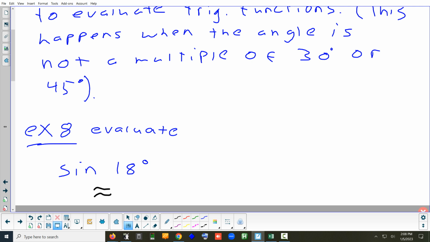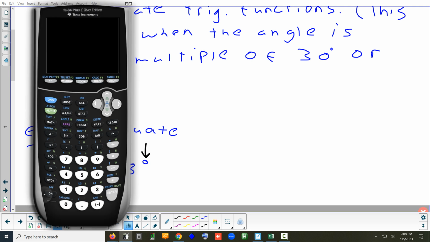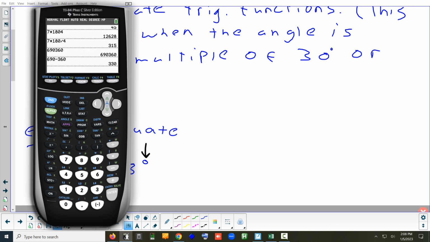Can someone read to me what does example 8 say? Not the direction, not a value, the problem. Sine of, and the last word you said was important, sine of 18 degrees. You see that symbol right there? It's basically telling you to turn on your calculator, press the mode button, and make sure you are in degrees.